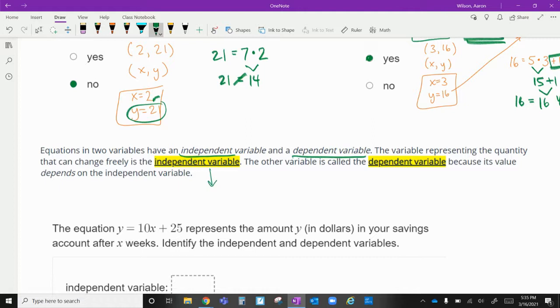Again, I'm always going to call the independent variable the cause, or the thing that happens first, typically in a story. The other variable is called the dependent variable. I call that the effect, or it's the thing that happens second in a story. Okay, and of course it happens second because it depends on the independent variable, meaning the independent variable happens first.